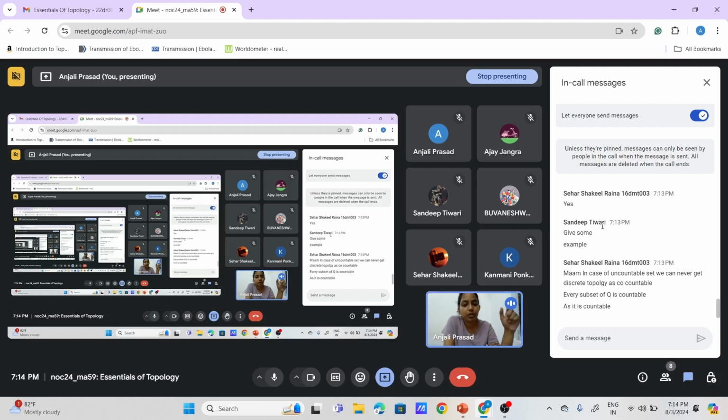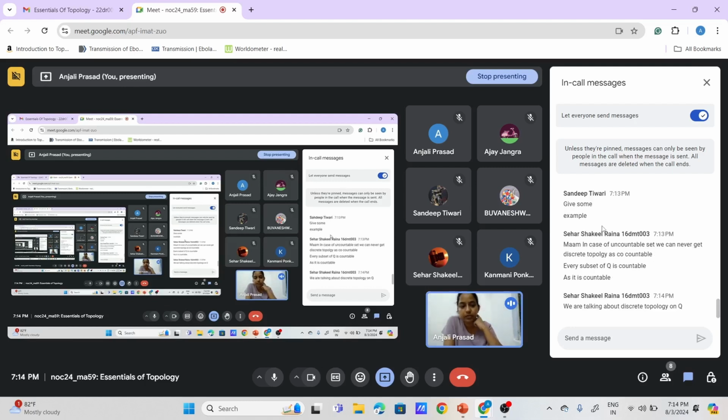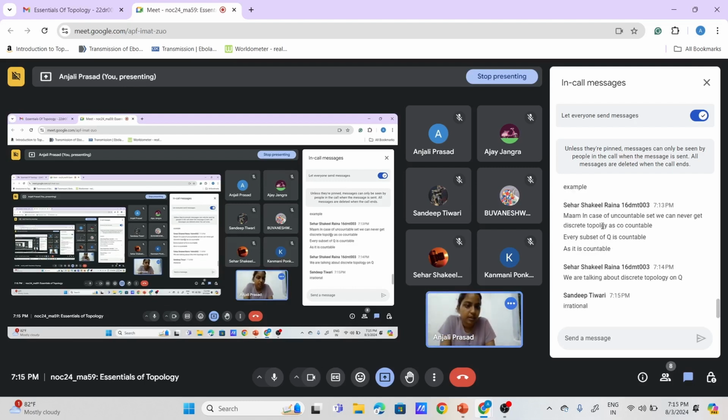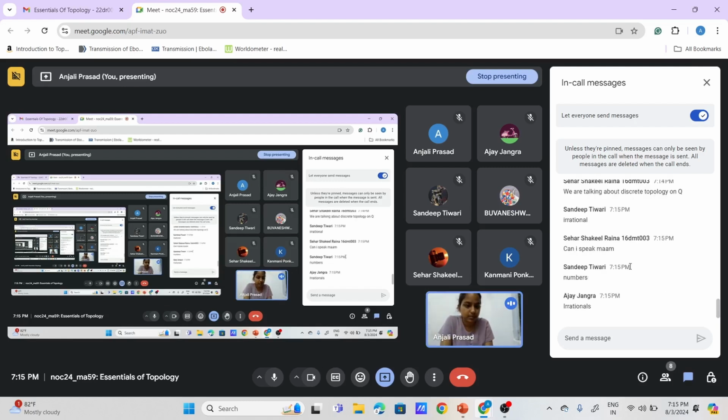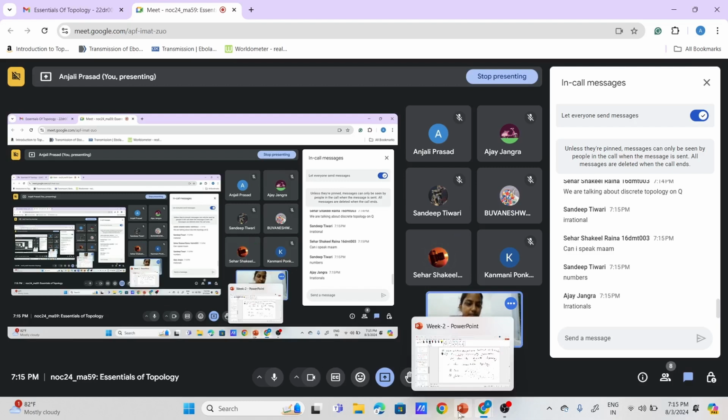So co-countable means its complement should be countable, right? So is the complement of Q countable? What is the complement of Q? Yes, we are talking about the discrete topology on Q. You can just unmute yourself and let's discuss it. That will be better.